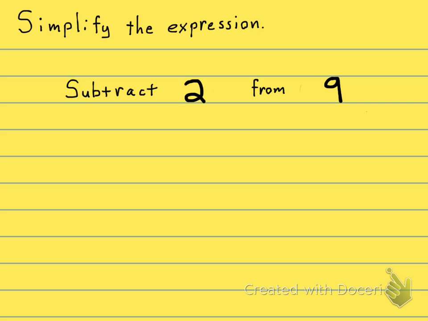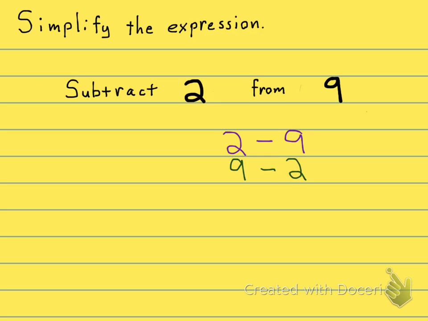Okay, now we have two possibilities. We have this, and we have this. All right, now look at both of these. Which one of these two, the purple on top or the green on the bottom, is asking us to subtract 2 from 9?